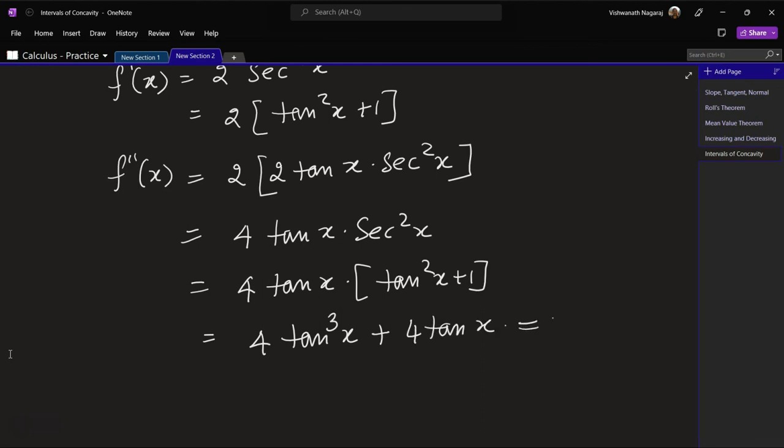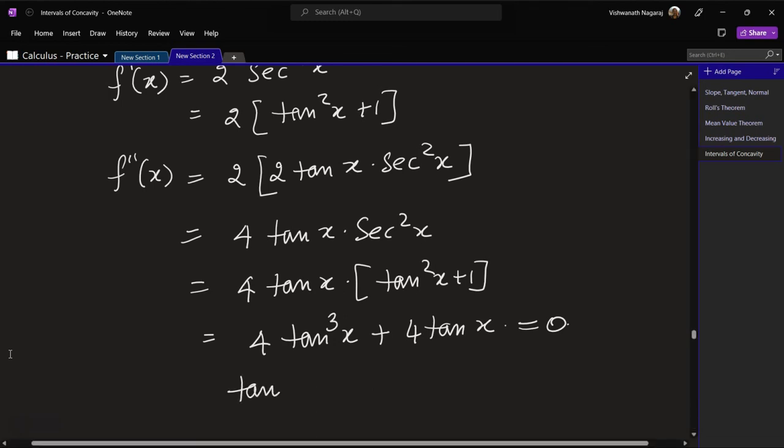Now let's equate it to 0. What do we get? 4 is common, take it to the other side, it disappears. So we would be left with tan x common, and we get tan x times (tan square x + 1) equal to 0.